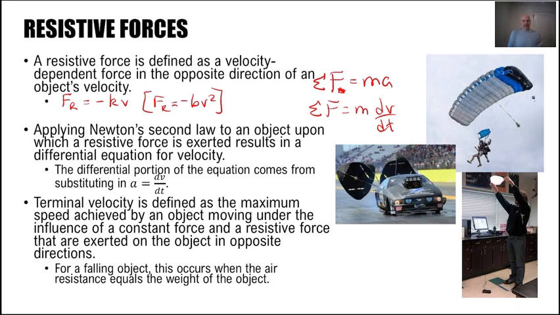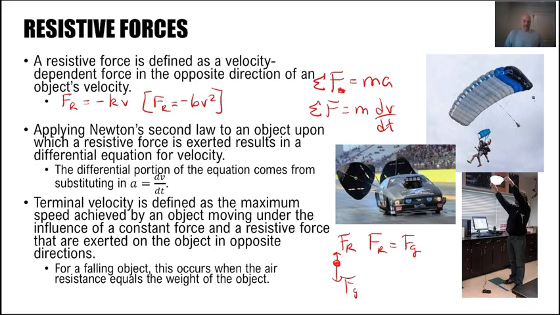So if you were to draw a free body diagram of an object not in free fall, but experiencing a resistive force, it would look something like this: Fg down, Fr up.